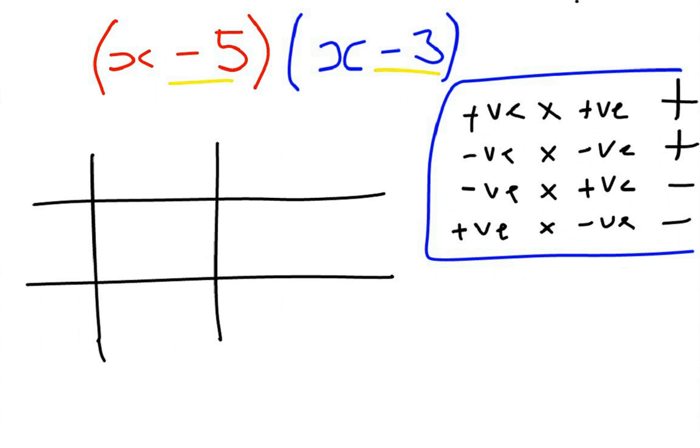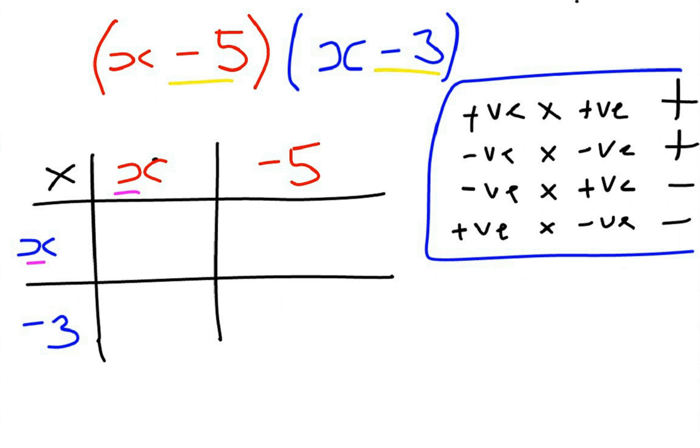Okay, let's go back to our grid. We are multiplying x, remember the sign, minus 5 by x minus 3. I'm not going to write out the workings as I did in the last video because I think we can get away without doing that.